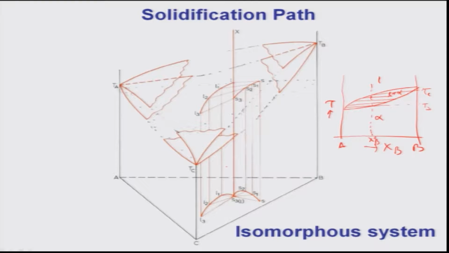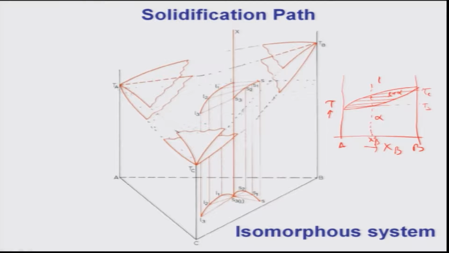And I am going to follow the solidification of the alloy composition X, correct. So, as you know, as it cools down, it will first hit the liquidus surface at L1, correct. As it hits the liquidus surface, L will be in equilibrium with the solid composition S, which is sitting on the solidus, correct.